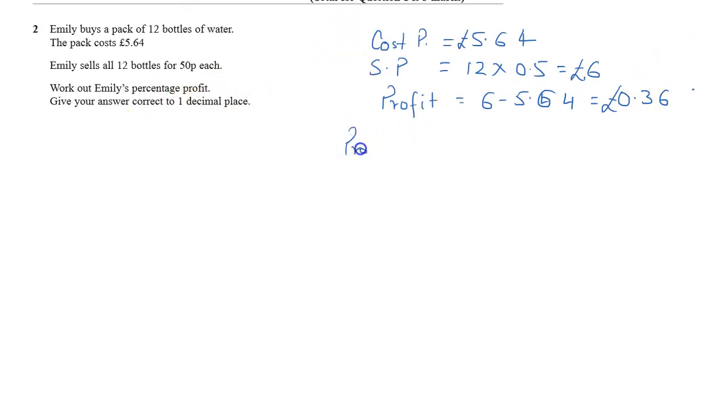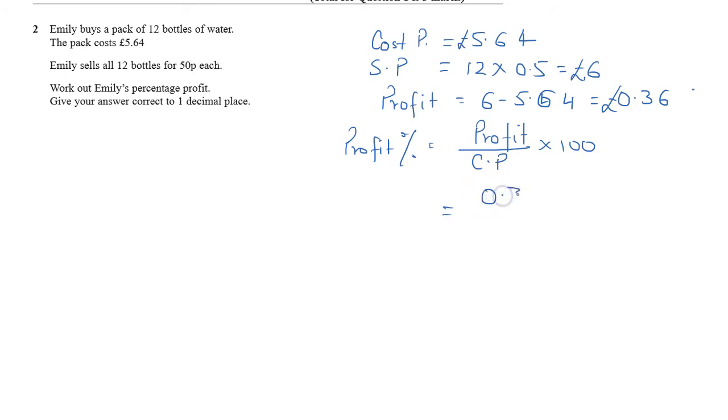So the profit percentage is profit divided by the cost price and multiplied by 100. So whenever you have to find profit percentage, profit divided by the cost price, that will be the profit percentage.